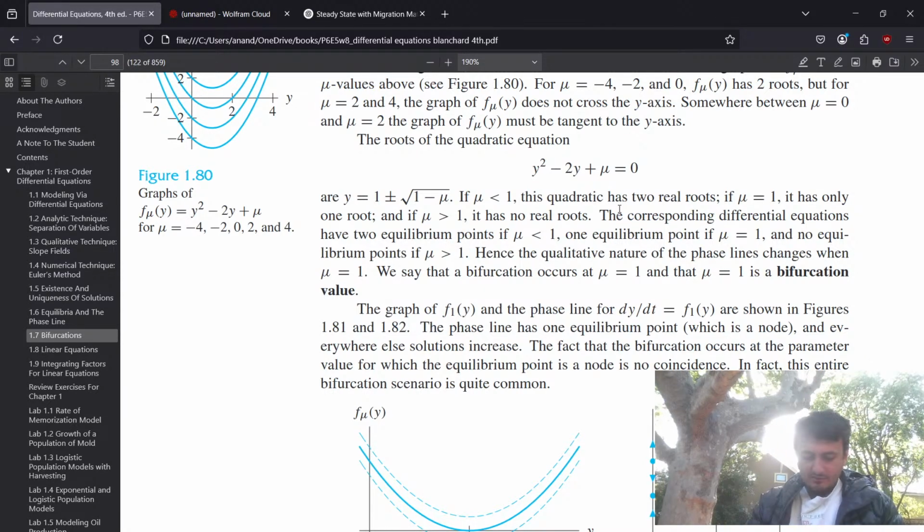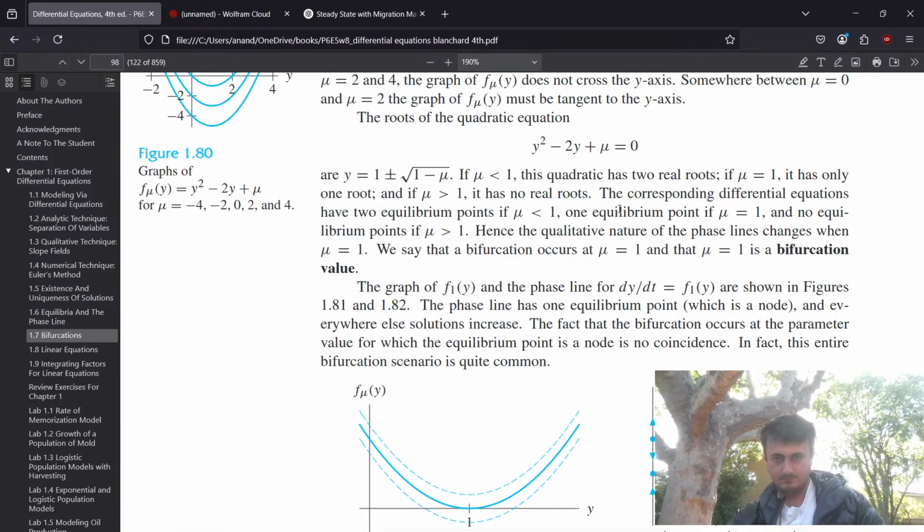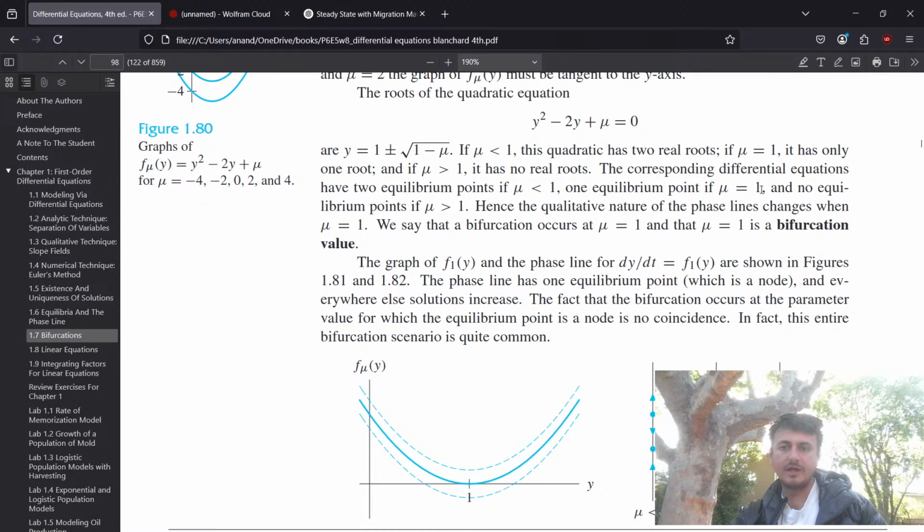Okay, so we found that when mu is equal to 1, the qualitative nature of the phase line changes.